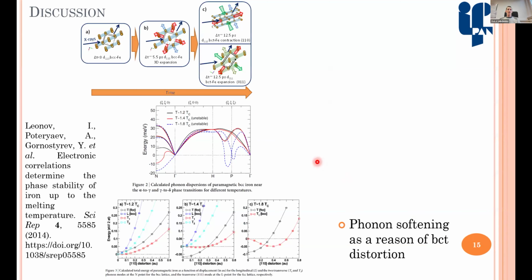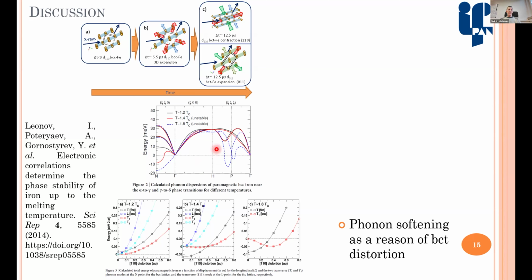And what is the reason for such behavior? Theoretical calculations have shown that if we heat BCC iron over the Curie temperature, some lattice instability occurs due to the change of magnetic order, because it is a change of magnetic properties from ferromagnetic to paramagnetic.